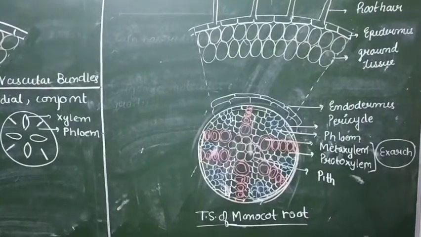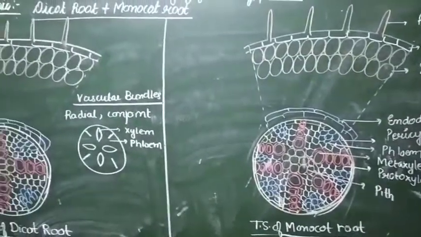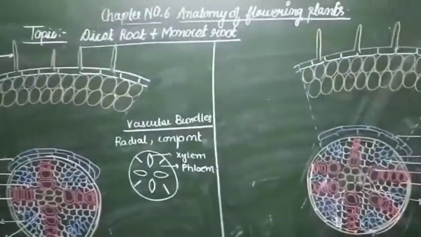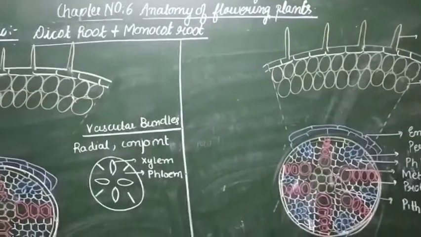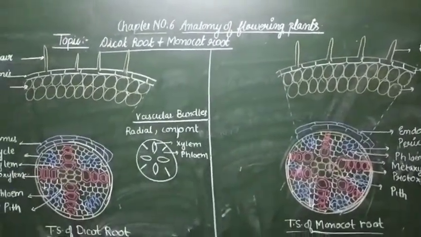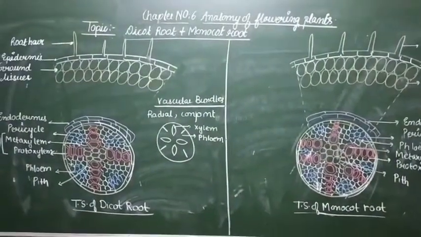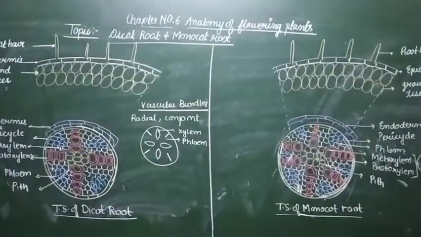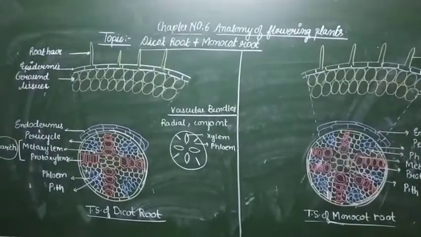Again, the condition of the xylem is exarch, that is metaxylem towards the pith and the protoxylem towards the periphery. And the phloem is present in the form of patches in between the xylem. Pith is present, which is very, very small.